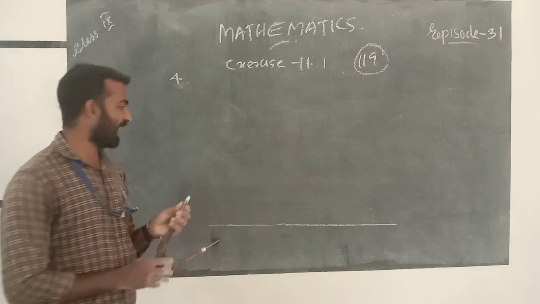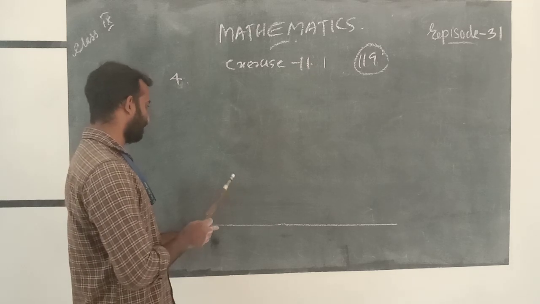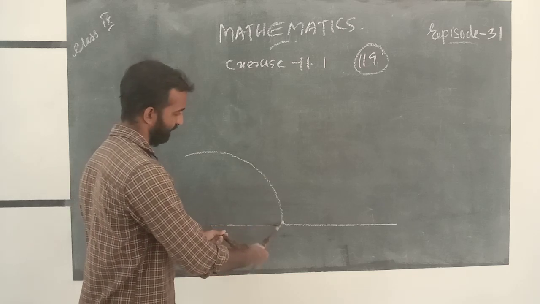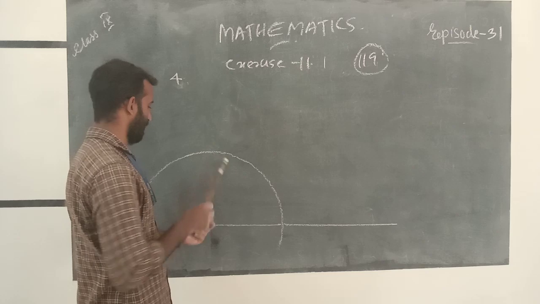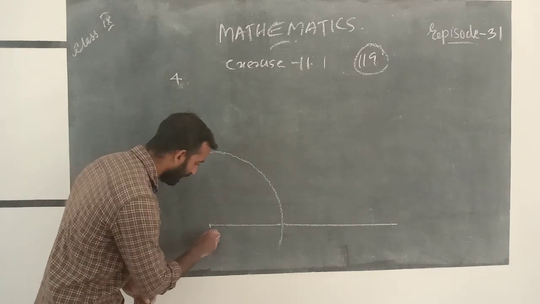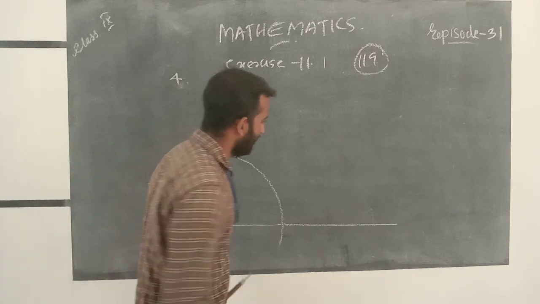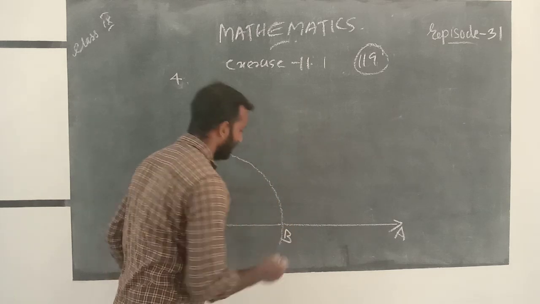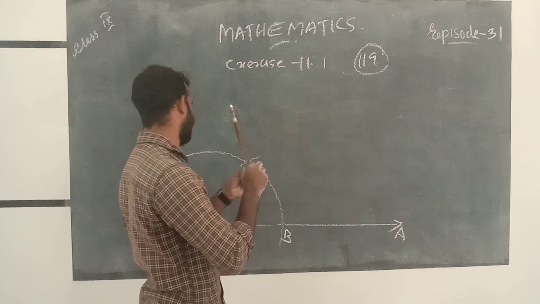So we first draw 90 degrees, where this is O, this is A, and this is B, and we mark points.